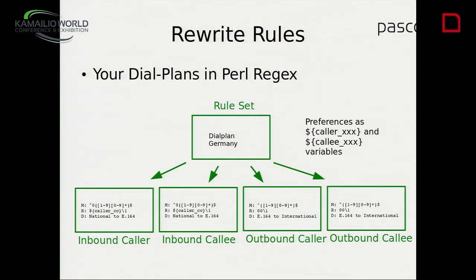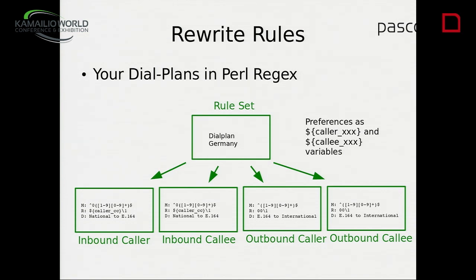Basically, when the system receives the call, the call is an inbound call for the system, so the system will take basically the from username and the request URI, and will try to rewrite the number based on your rewrite rules, in particular based on the inbound caller and inbound callee rewrite rules.